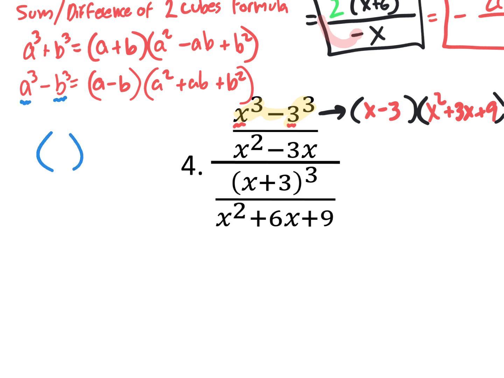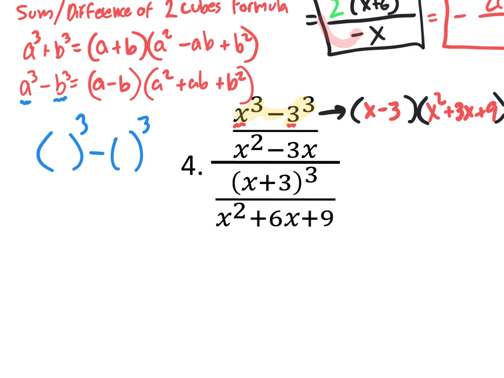And I always say do parentheses cubed minus parentheses cubed and identify what that a value is and what that b value is. So what is your a value? It's x. What is your b value? It's 3. The negative is just out here, part of the formula. Okay. So your a value is x, your b value is 3. When you plug in x right here, right there, and a 3 right there, and right there, this is how it ends up. Does that make sense?